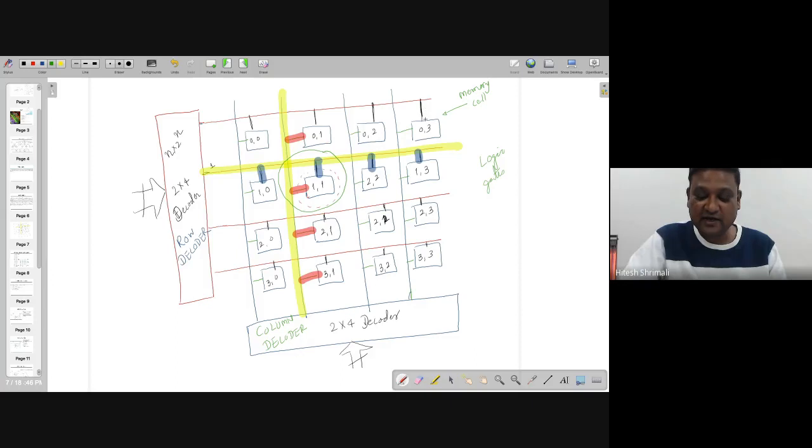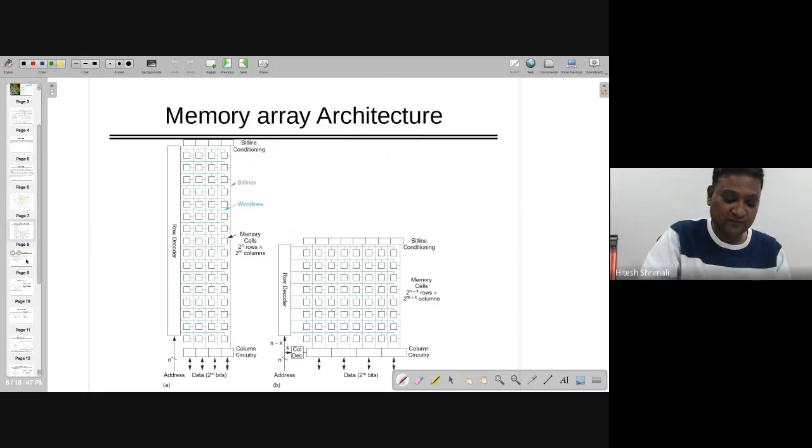These memory cells are identical to each other. First of all, let's understand this. And these decoders you have to design. And other than that, there is something called sense amplifier, which will give you the logic 1 or logic 0 value at the output. And that requires some attention, right? So that is what we are going to study.